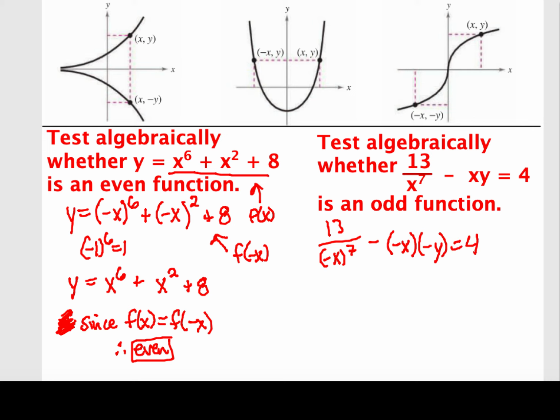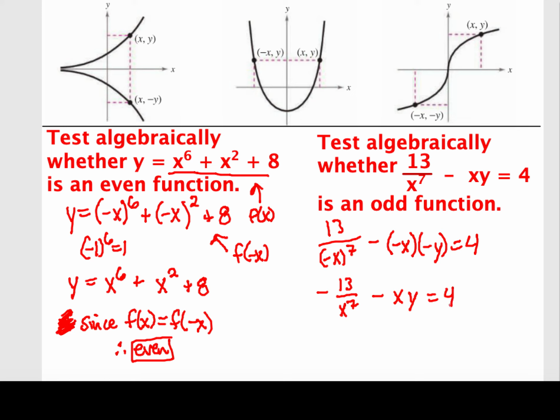Well, a negative number to the 7th power is going to stay negative, so this became a negative 13 over x to the 7th. Negative x, negative y, those are going to cancel, so this is still minus xy and equal to 4.